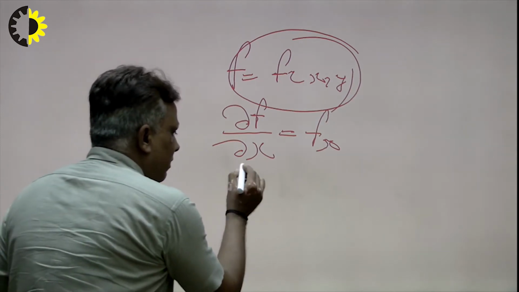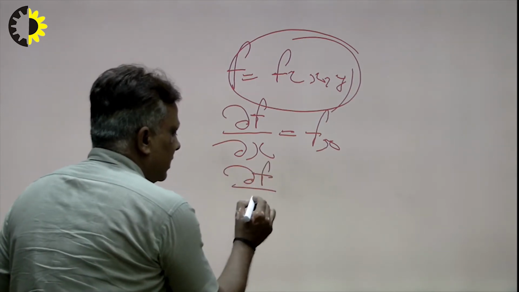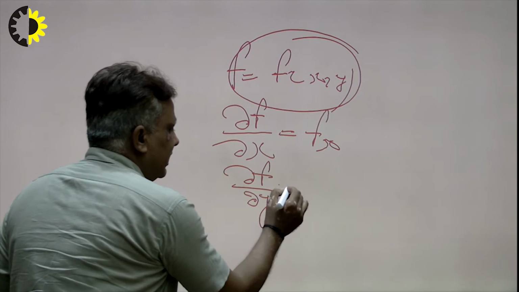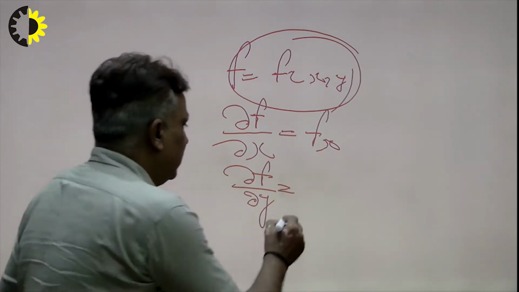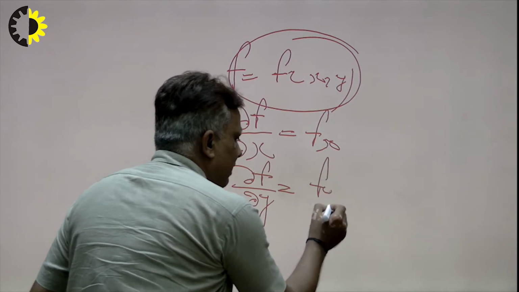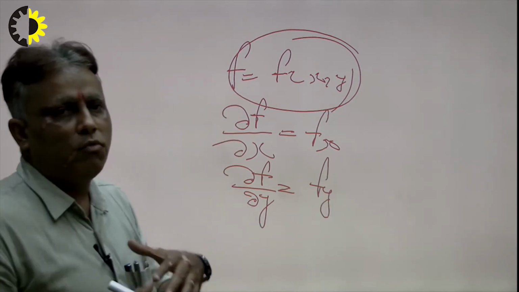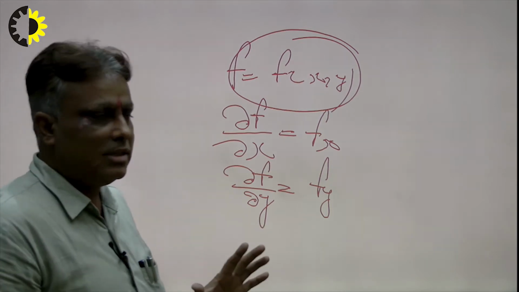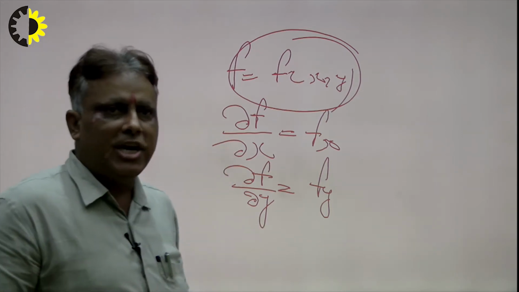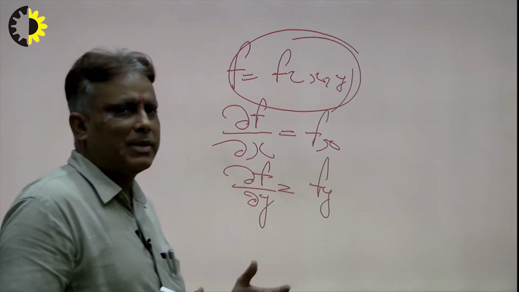Similarly ∂f/∂y means differentiate f with respect to y while x is constant. So we can say that when we differentiate with respect to one variable, the other variable will be constant here. This is the criterion to differentiate partially with respect to x and y.